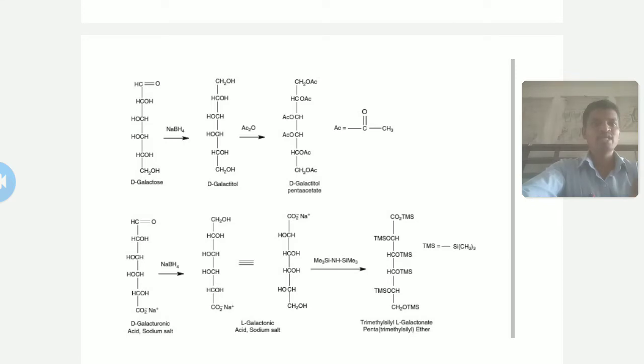No attention is required for the remaining functional groups, as all are hydroxy groups. The top CHO group is converted into CH2OH using the reagent NaBH4, giving D-galactitol.